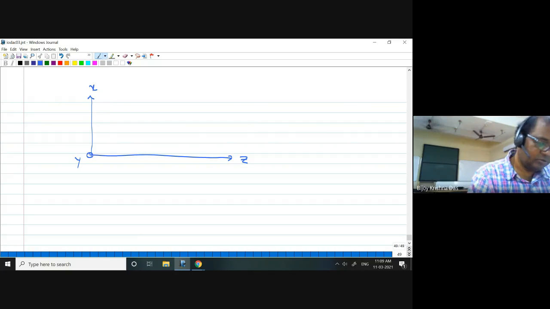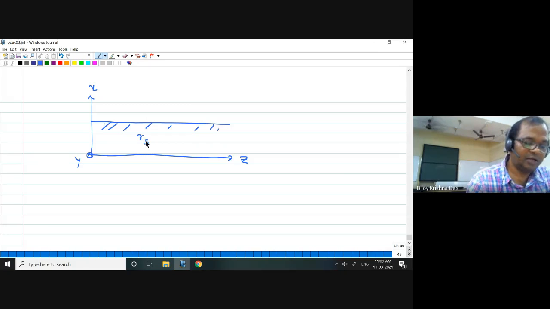So Y is out of the screen, and here suppose this is your lower region, the lower cladding with a refractive index NS. So I'm now using a different symbol instead of N1, N2, N3. I'm trying to use subscripts which signify the material. That means it is a substrate.